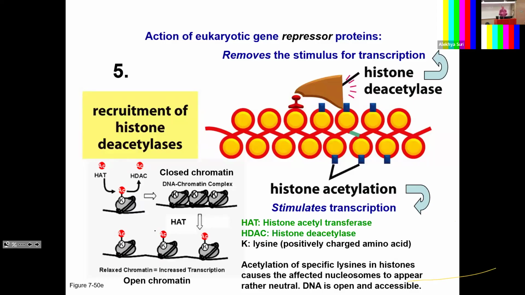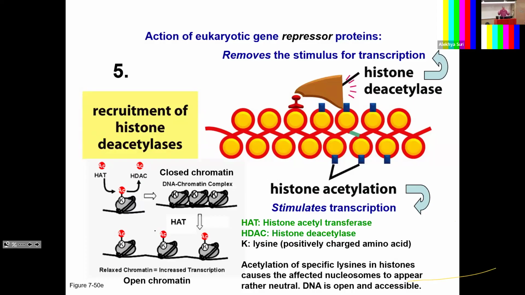They cause opening of the chromatin because the lysine is not positively charged anymore, and the DNA is negatively charged. So this interaction, positively charged to negatively charged, gets looser because the lysines are now more or less neutral. So you understand? Okay.